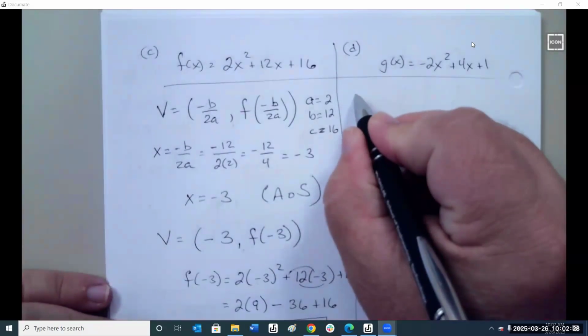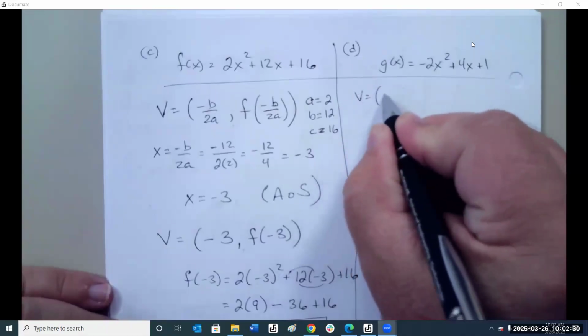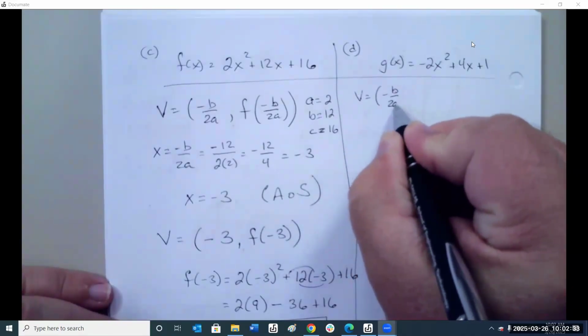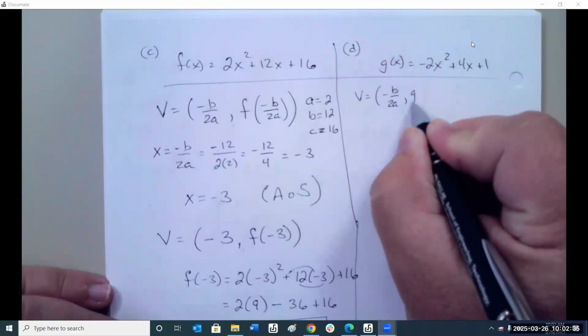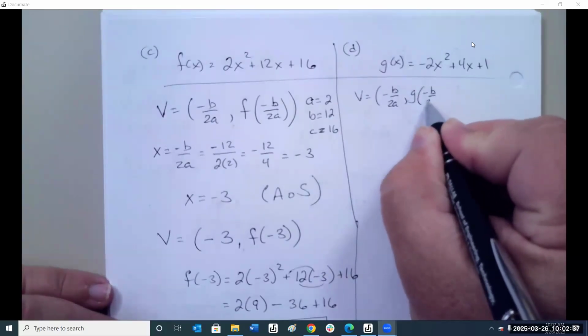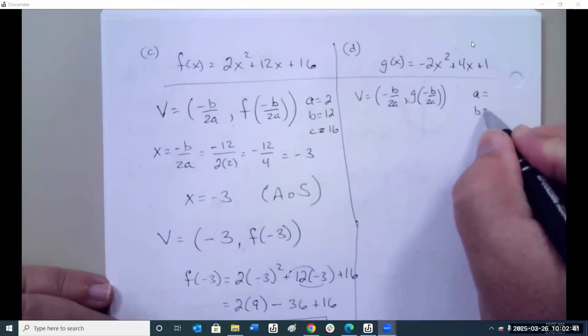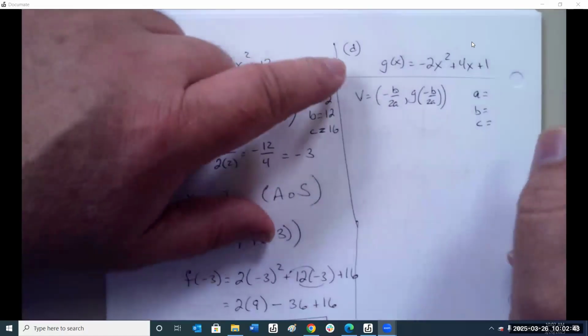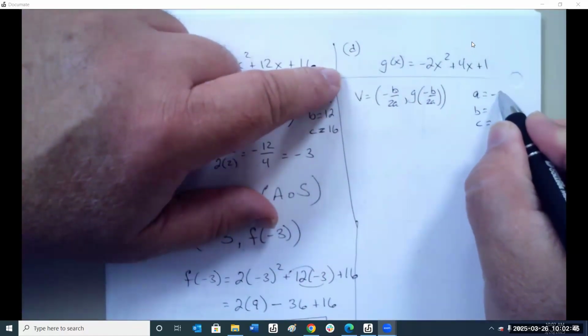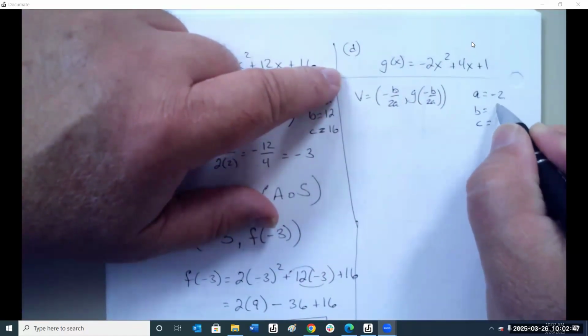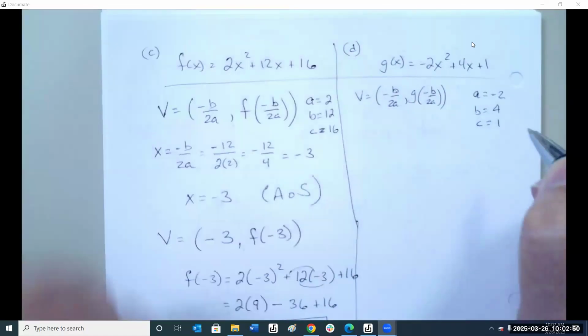Okay, so the vertex is the same thing. It's -b over 2a, and we have to put it back inside there. So we have to label a, b, and c. a is -2, b is 4, and c is 1, perfect.